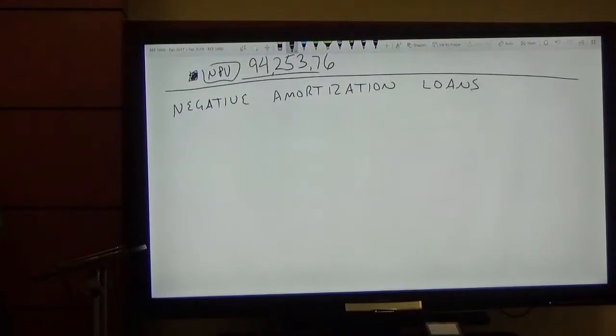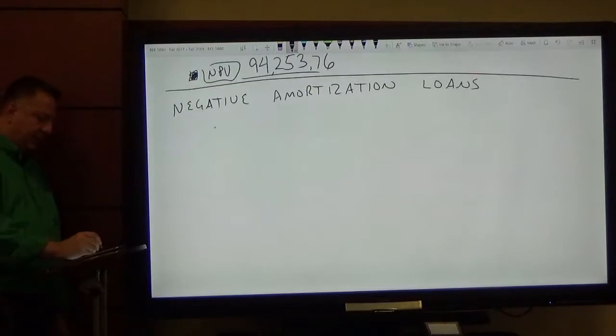And so in that sense, a construction loan is similar to a negative amortization, but it's not exactly the same. Let me go through an example, okay? And then maybe the negative amortization can be a construction loan type deal? It could be. Okay. All right.